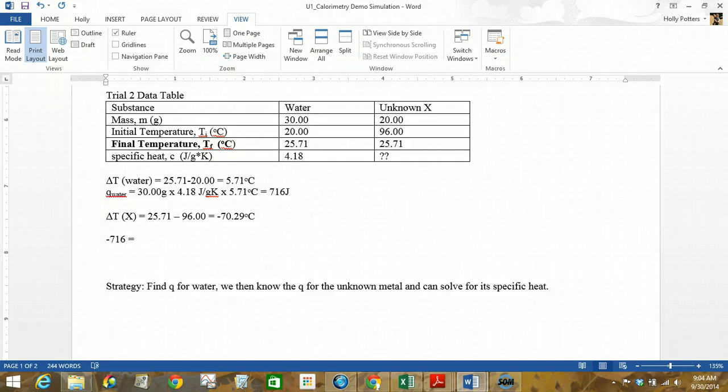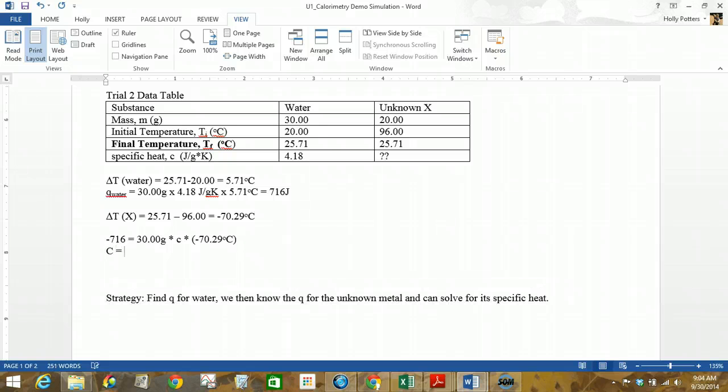So that's Q. We have a mass of 30 grams. We don't know what the specific heat is. We'll leave that as an unknown. And then we now know that it's negative 70.29 degrees Celsius. And if we rearrange and solve, that ends up leaving us with a specific heat of 0.509.